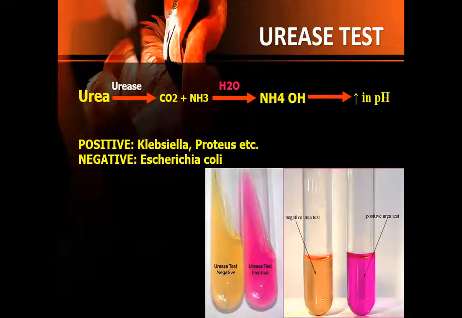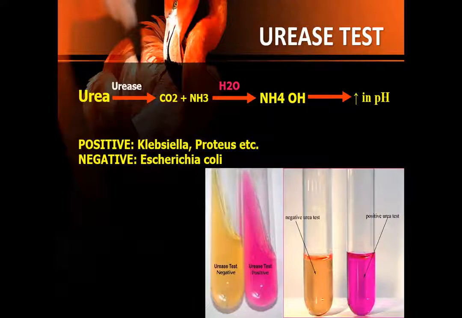When they break the urea into carbon dioxide and ammonia, NH3, the ammonia gets hydrolyzed and forms ammonium hydroxide, then the pH is raised. So when the pH gets changed in the media, in the agar which has urea, okay, so we provide urea. If the bacteria has the urease enzyme, they break urea, and ultimately the pH gets changed.